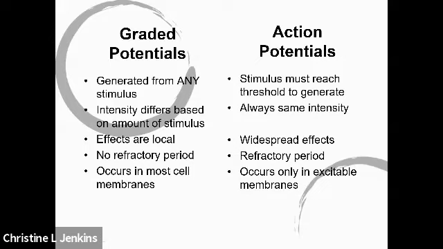Probably one of the best examples would be glandular tissue. Cells within a gland tend to communicate with each other by sending these mini impulses. So many cells can generate a mini or graded or local potential.